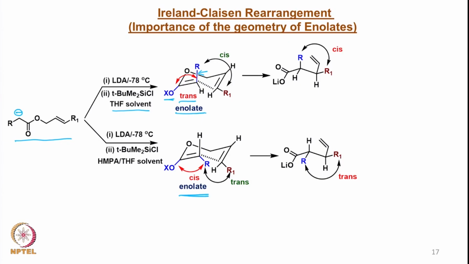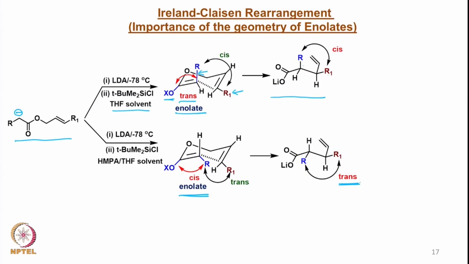Now when the Claisen rearrangement takes place here, the product that is going to be formed is such where the R1 group here and the R group here are cis to each other, and in this particular case R group and R1 group are trans to each other.